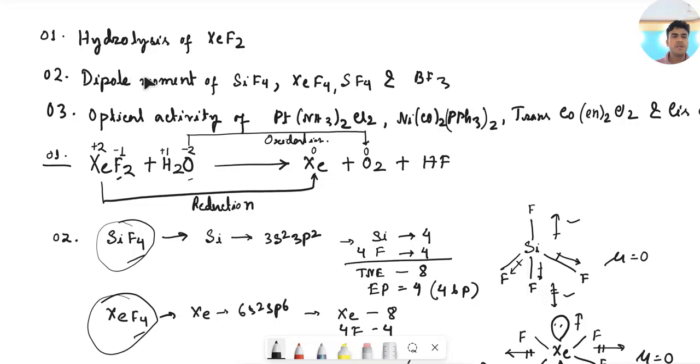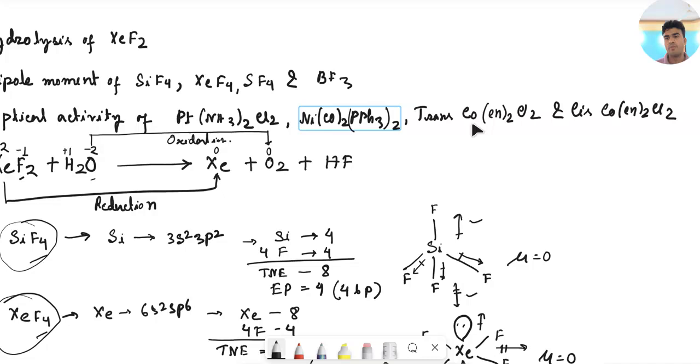Today we'll discuss three topics: the hydrolysis of XeF2, the dipole moment of SiF4, XeF4, SF4 and BF3, and the optical activity of four inorganic compounds.